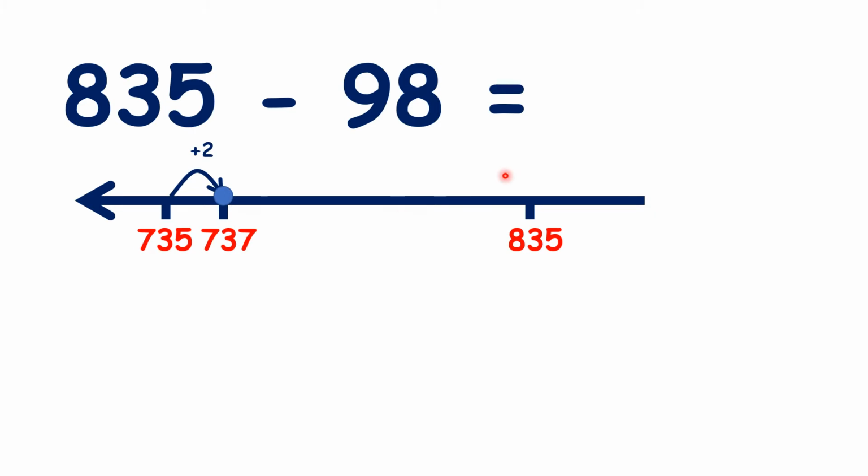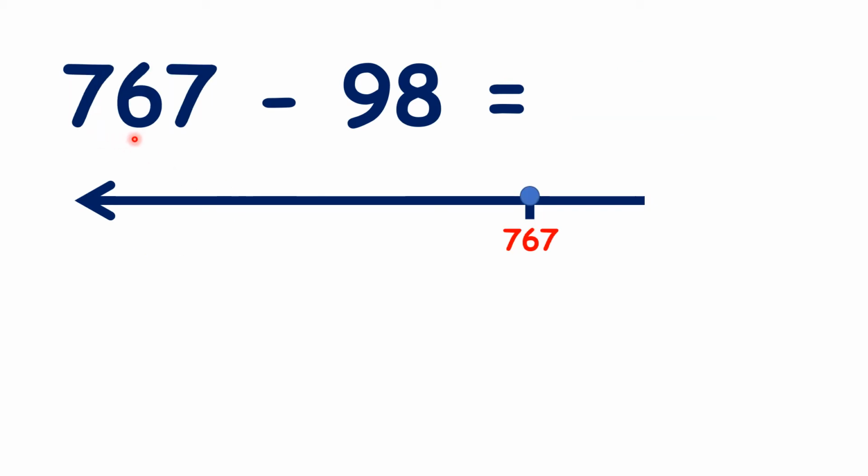That gives us our answer, 737. So notice this, when adding 98 in an earlier question, we added 100, then subtracted 2. When subtracting 98 here, we subtracted 100, then added 2.